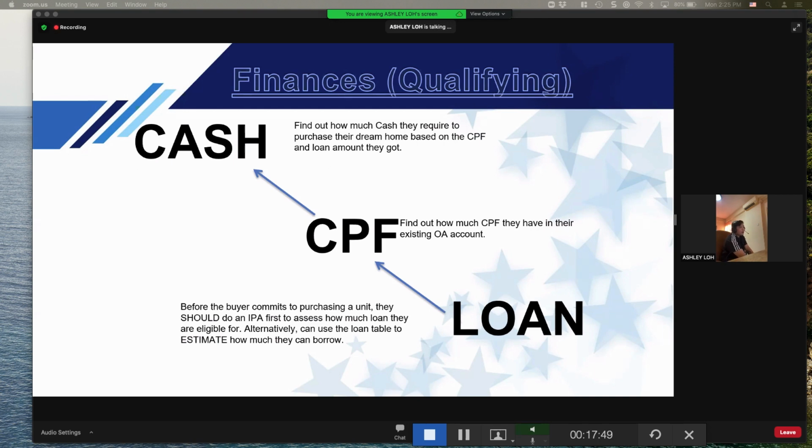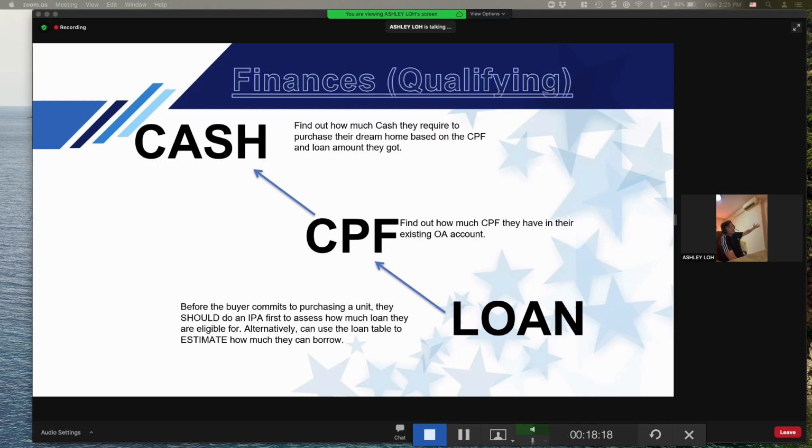For the loan, before the buyer commits to purchasing a unit, they should do an IPA first. Now, for those who are new, IPA is non-obligated. You're not committed to the loan. IPA is just an indicative in-principle approval. It's just an indicator of how much you can borrow. There's no commitment. It's just to assess how much loan they are eligible for.